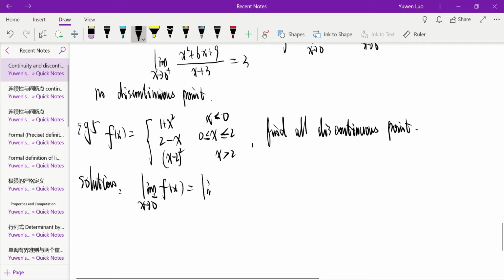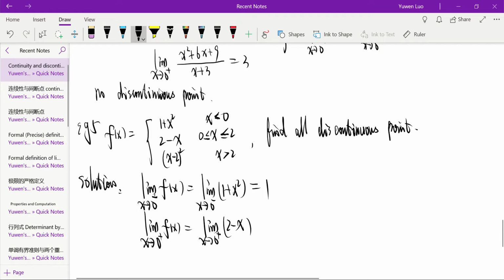The left limit at x equals 0 of 1 plus x squared is 1. And from the right, 2 minus x, that is 2.